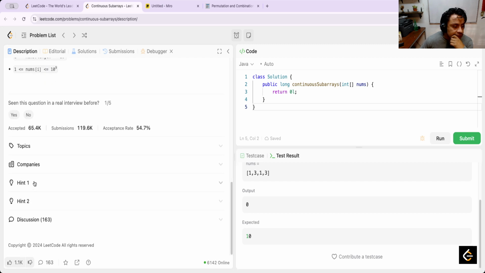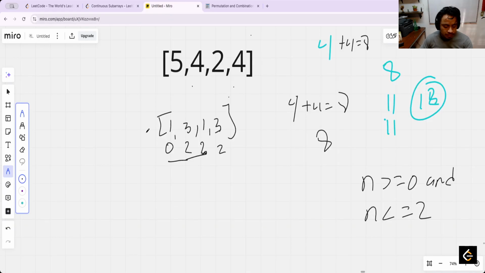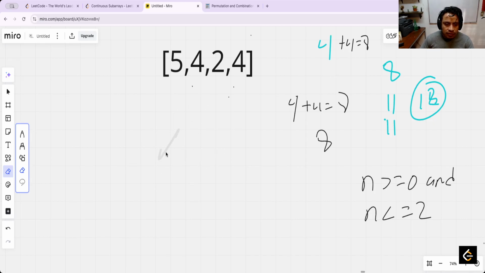Okay, I will check the hints. It's the sliding window technique. Use a set or map to keep track of the maximum and minimum of the subarray. Okay.